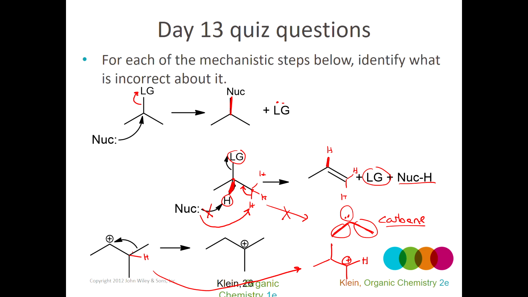So this arrow would get me from a secondary carbocation to another secondary carbocation, which is not any more stable than it was to begin with, so there's no reason for it to do that. The process should make the carbocation more stable.